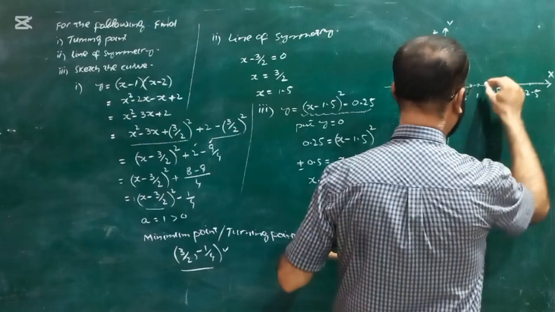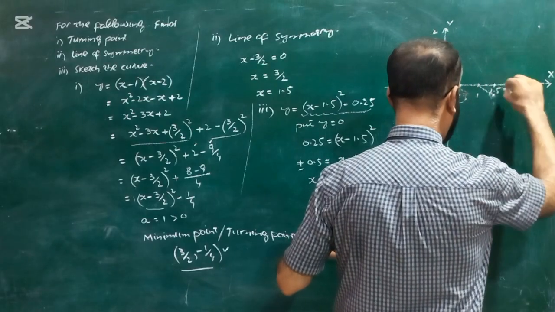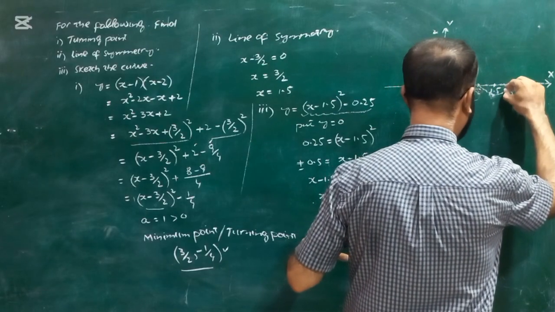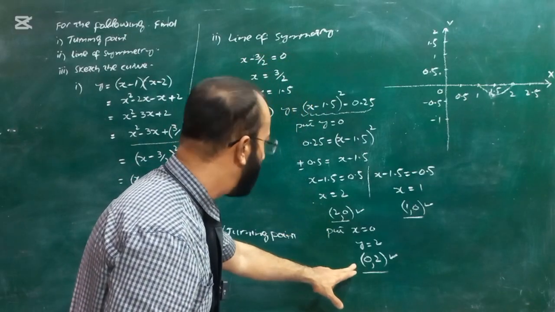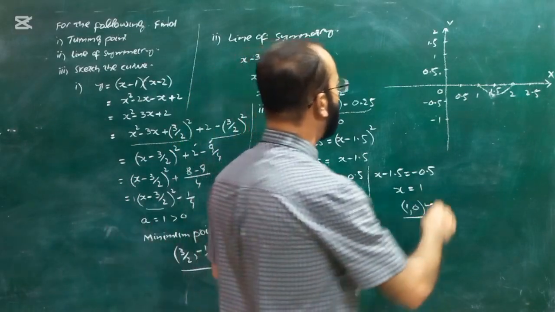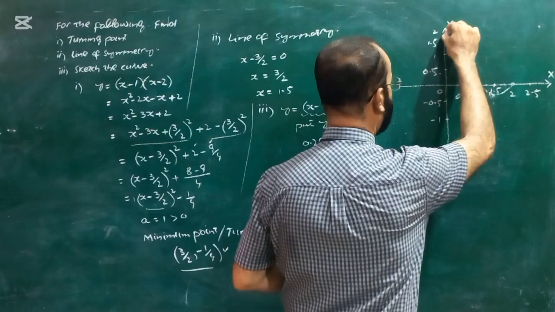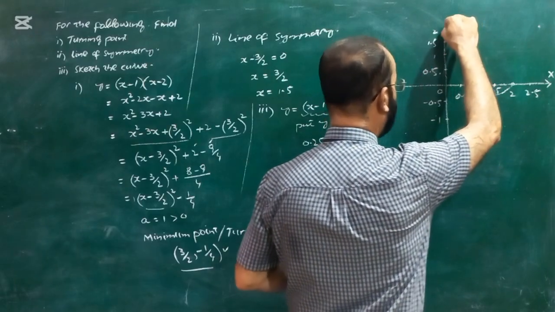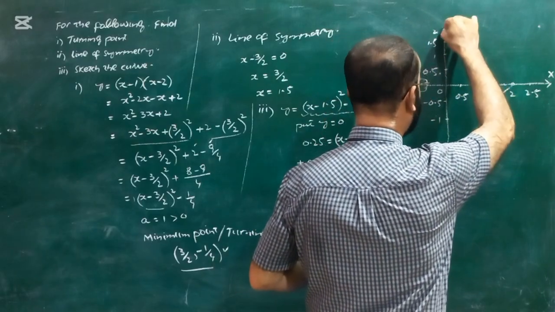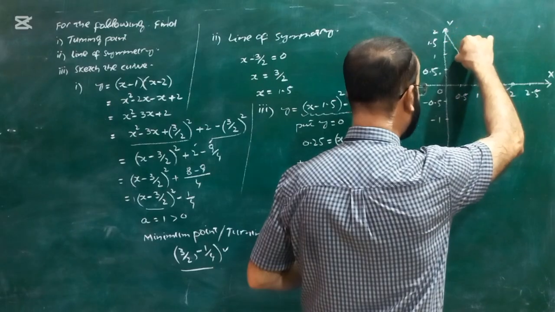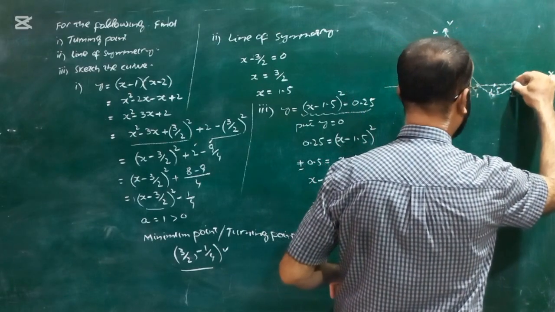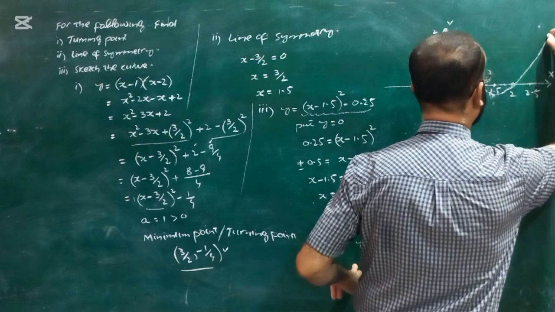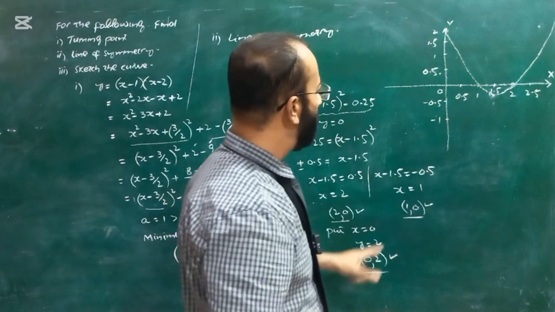So first these 3 points, and now the intersecting point at the y-axis, that is 0, 2. So here is 0 and here is 2. So this point needs to join these points. So this is the sketch.